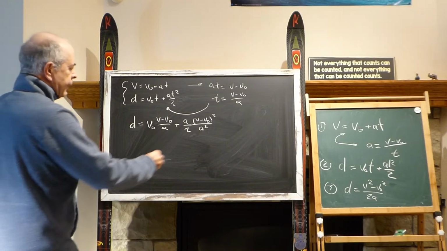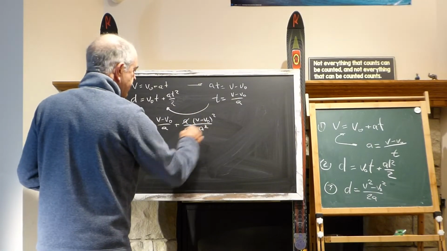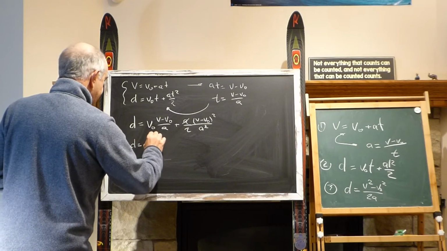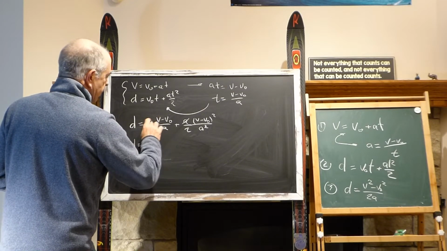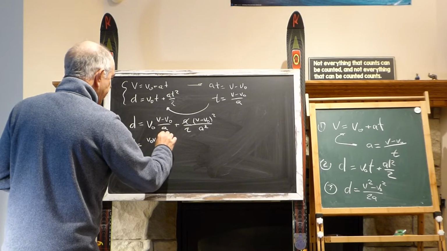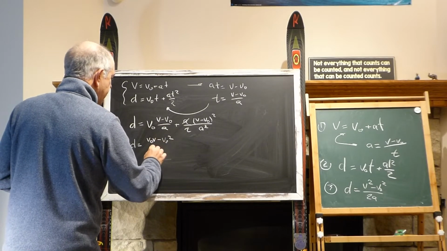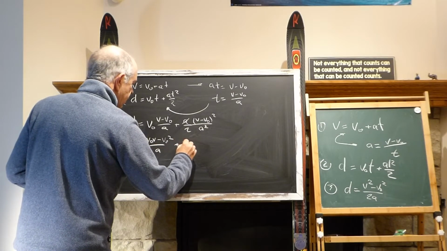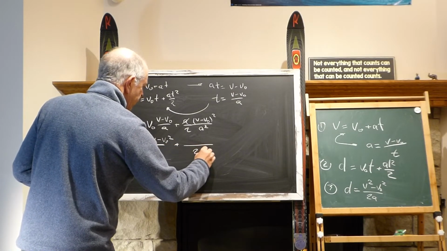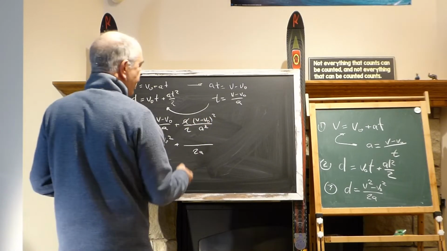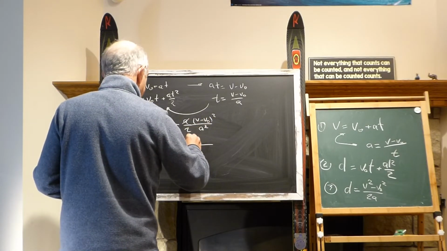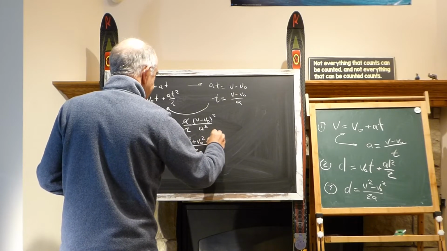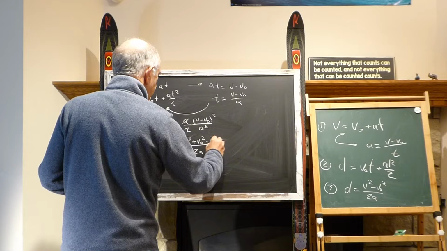Fantastic. We can get rid of this A and this square, and we can continue as D equals V0 V minus V0 squared over A plus, here we have 2A, and this is a formula for the square of a difference, so I open the bracket right away, and I put minus 2V V0.